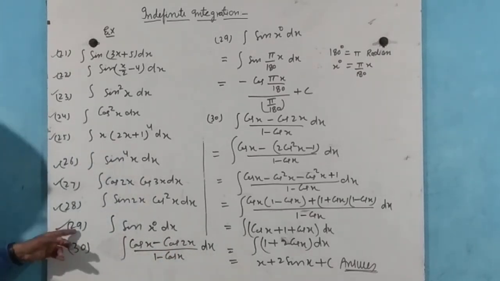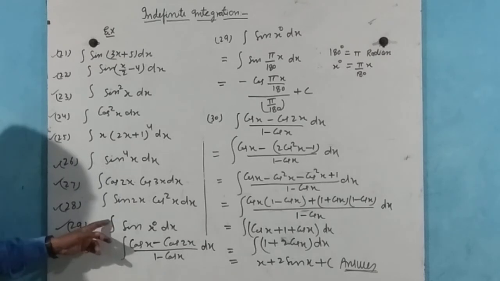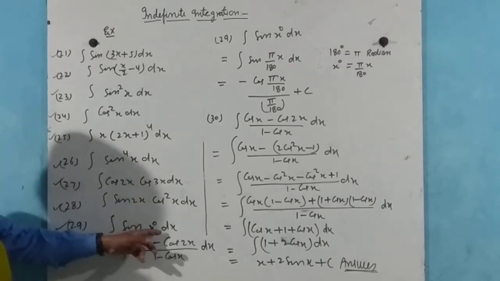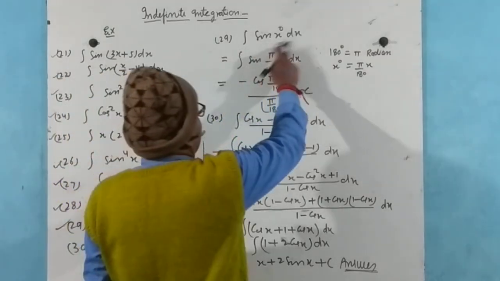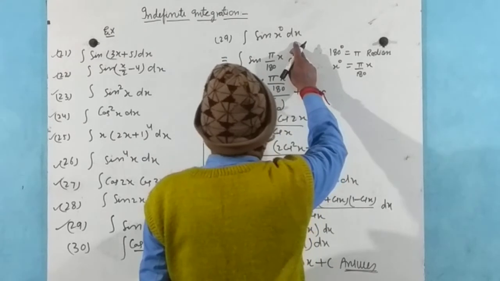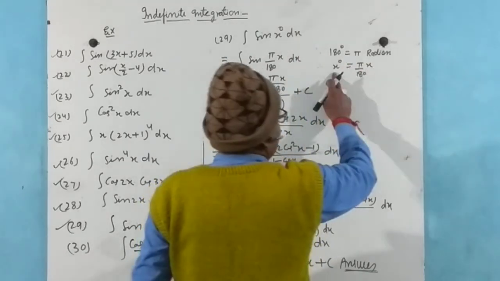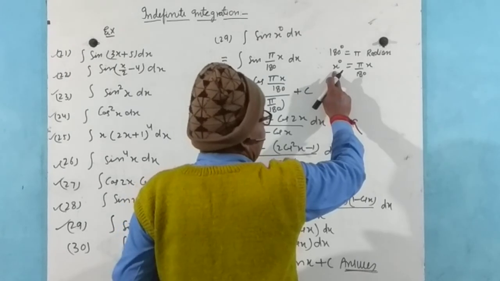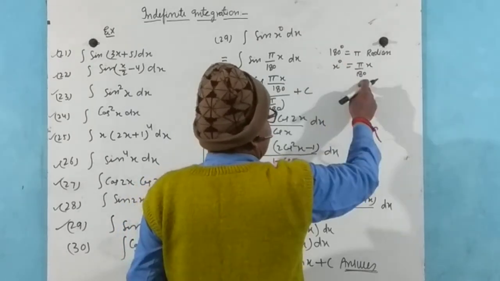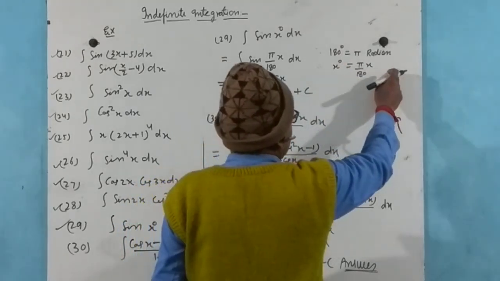First of all we take 29. We know that 180 degrees equals pi radian, so x degree equals pi by 180 into x radian.